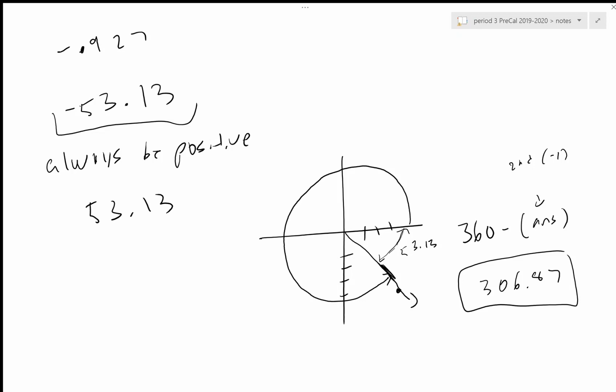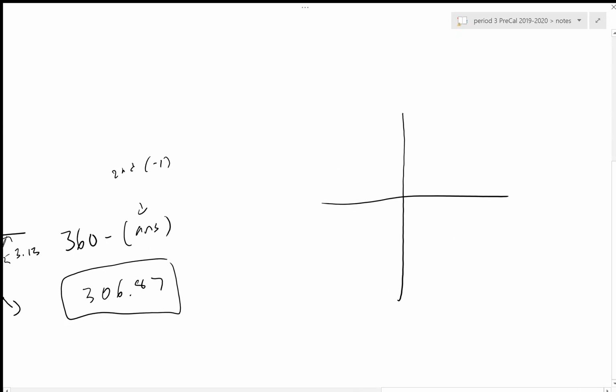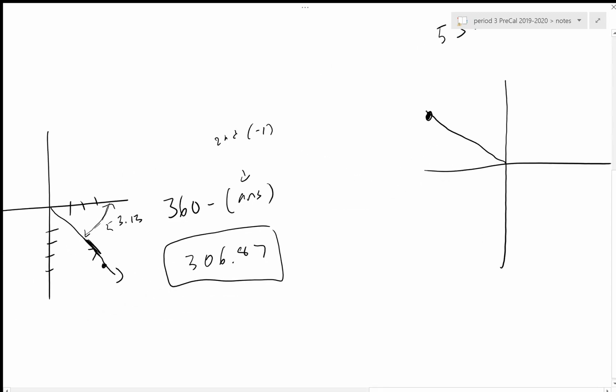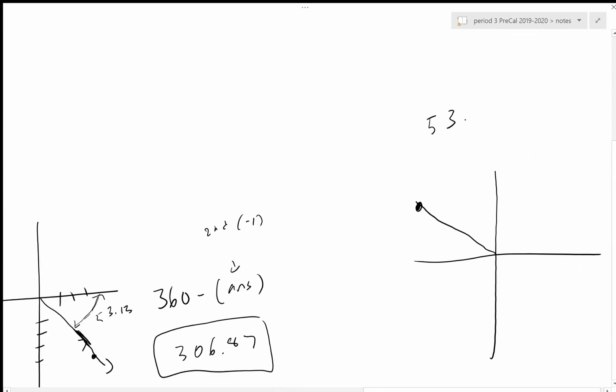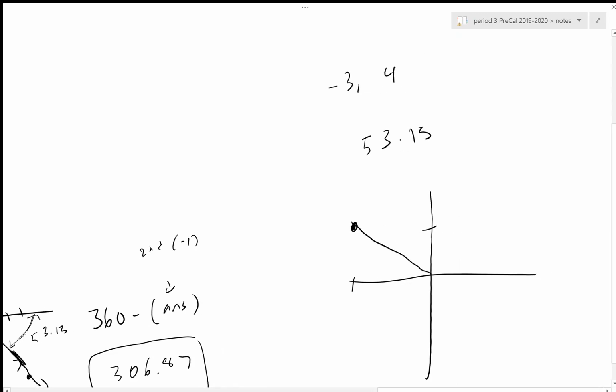Now, let's just say we did the same thing. I'm going to give you a random example here. Let's say we had it over here, and we got the same thing, 53.13. And in order to be here, it would have to be like -3, +4. Now again, I'm trying to find this angle. So we don't want to use 90.